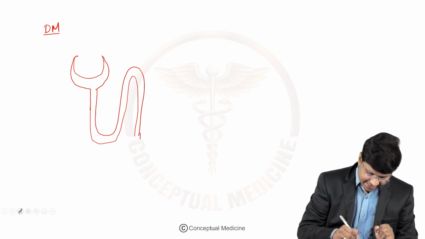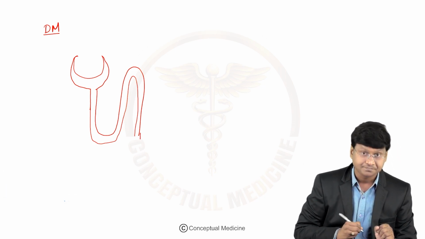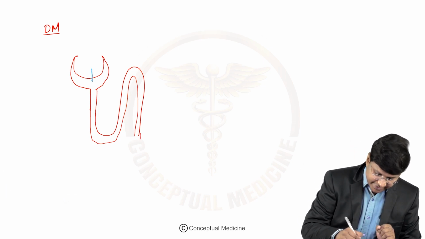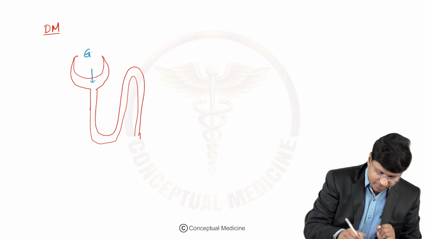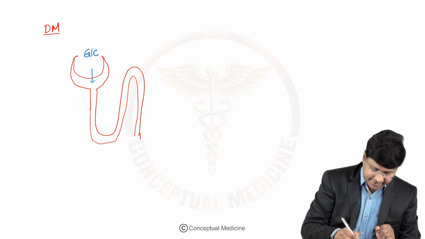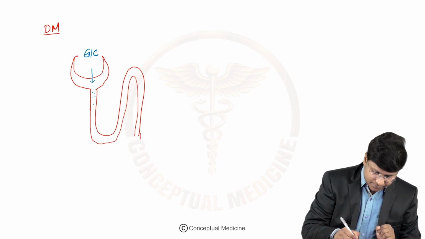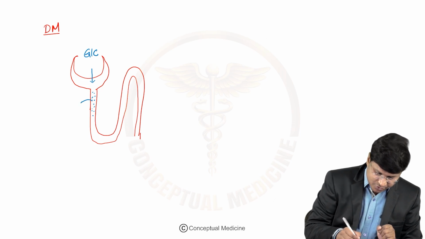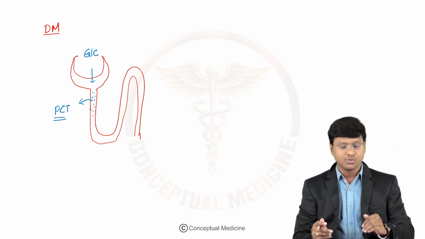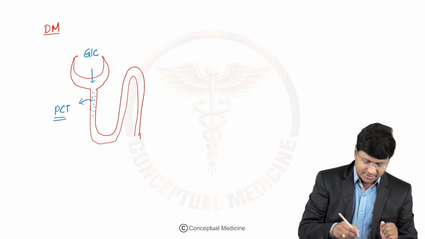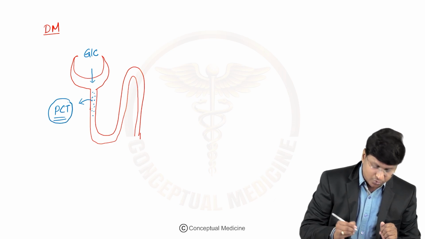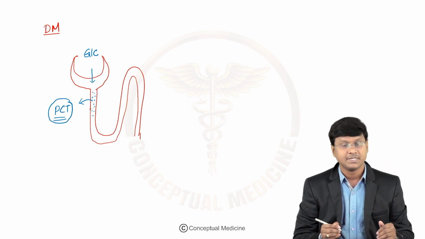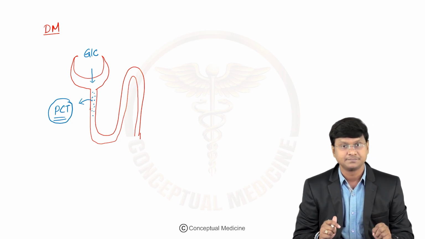Now, what will happen in a normal individual? The glucose will be filtered from glomerulus into the tubule, and this glucose has to be reabsorbed from the proximal convoluted tubule. That is what will happen in a normal individual.